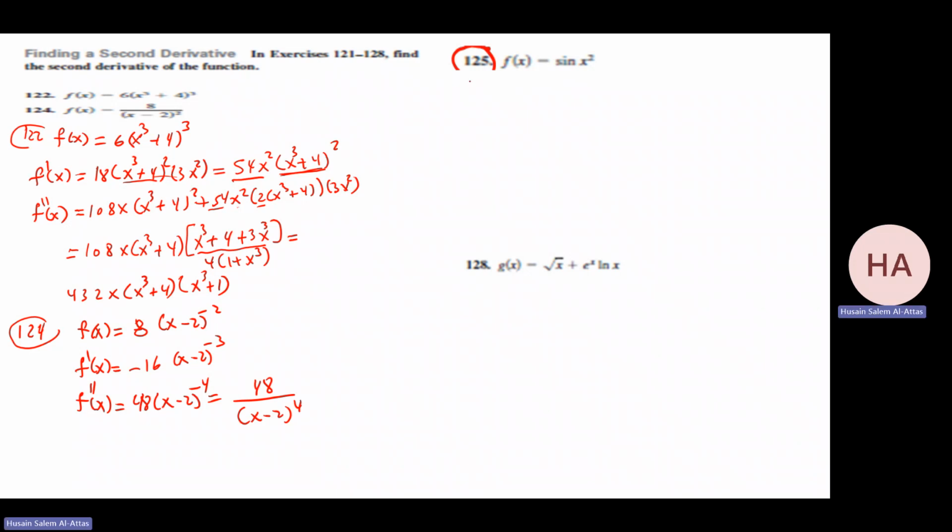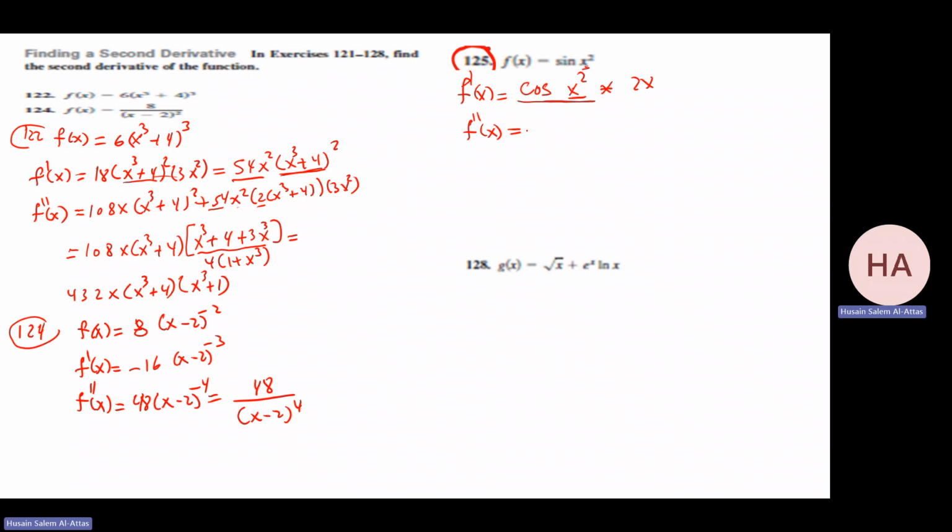125, what will be f prime? It will be cosine x square times the derivative of this, which is 2x. But what will be f double prime? I need to do product rule.